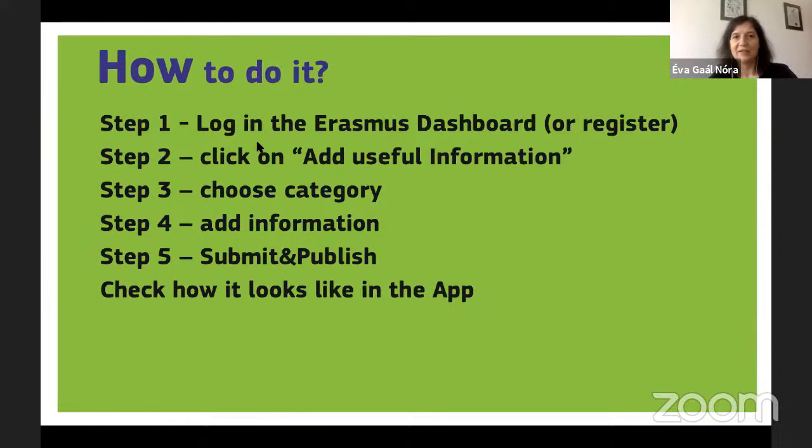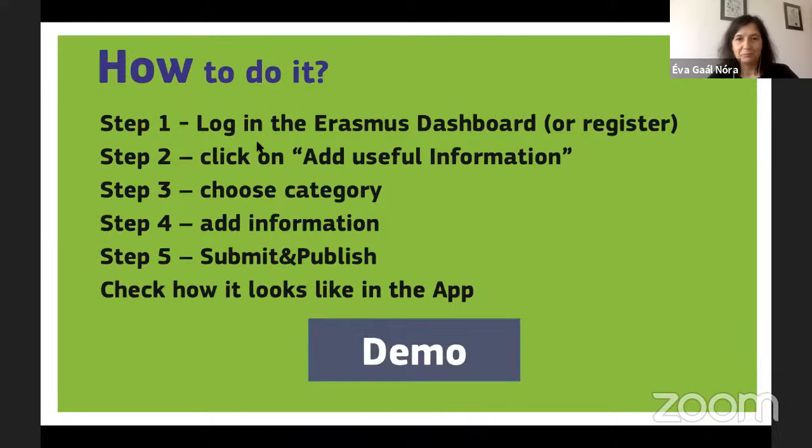It's really very easy to add this information, just 5 easy steps. Log in, click on add information, choose the category, write something there, and publish. And now I will show you how you can do that.